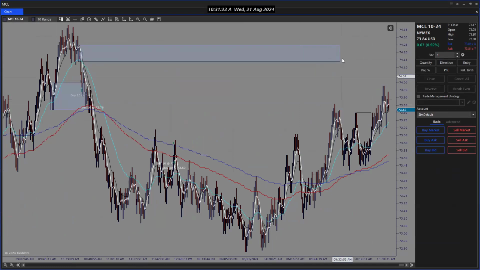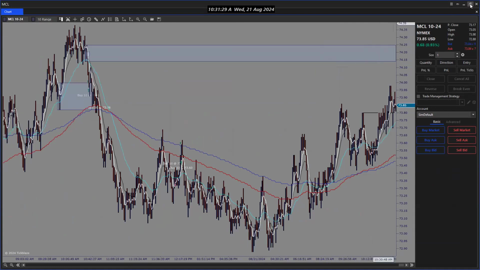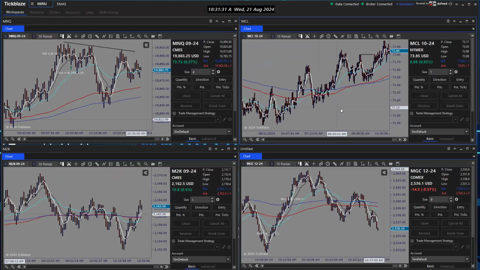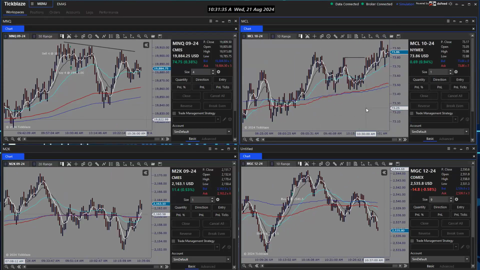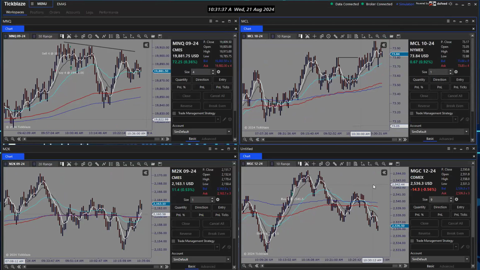Yeah, this would still be valid up here if you want to trade it. I'm not going to trade crude because I'm just not happy with how it's trading, but that would be valid. Yeah, there's no setups. I'll call them out as we have them. Yeah, there's nothing yet.